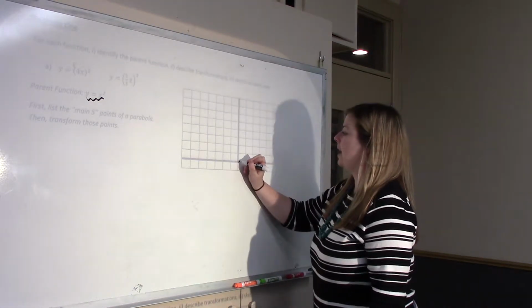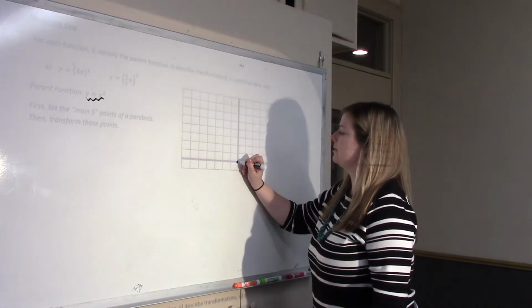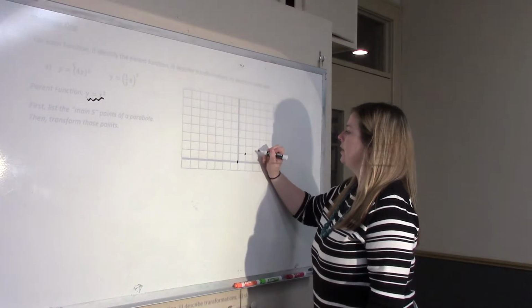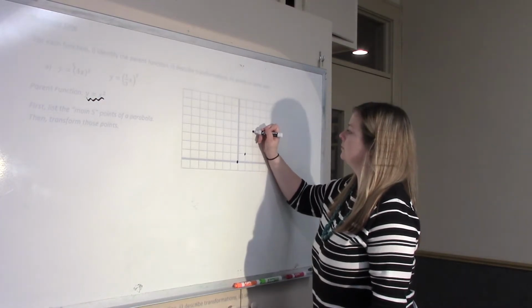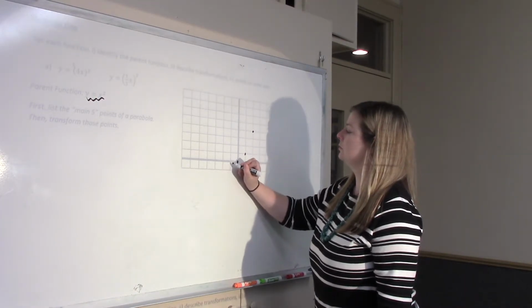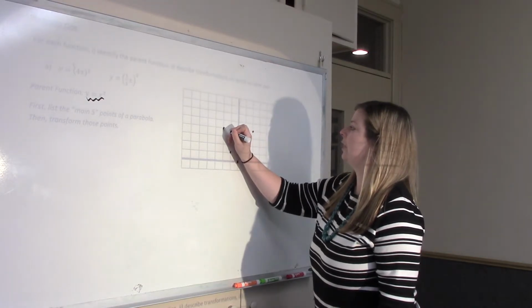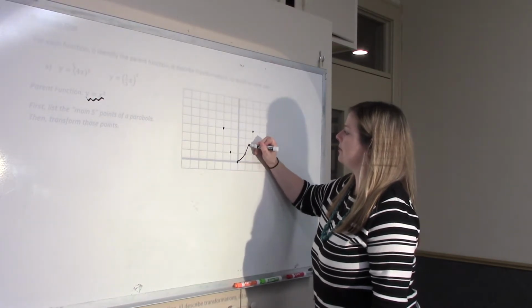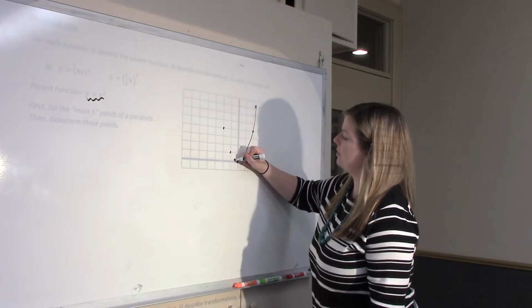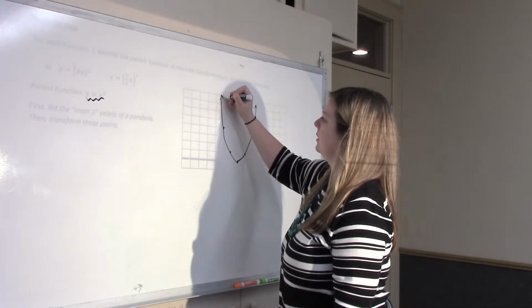So let's just write the 5 main points of a parabola: (0, 0), (1, 1), (2, 4). When I say 5 main points of a parabola, that's what I mean. You should know that from last year.